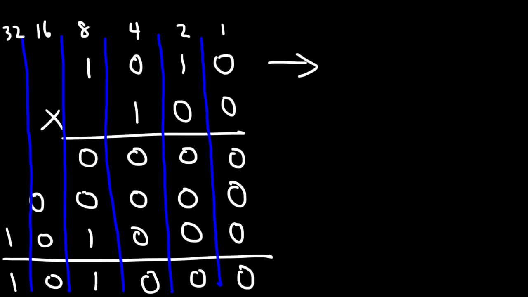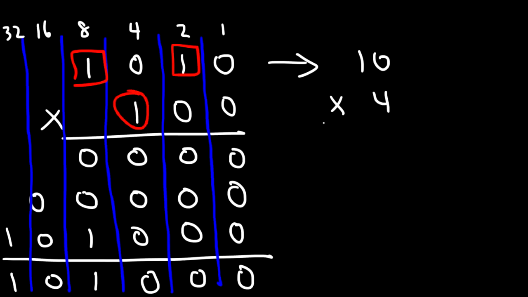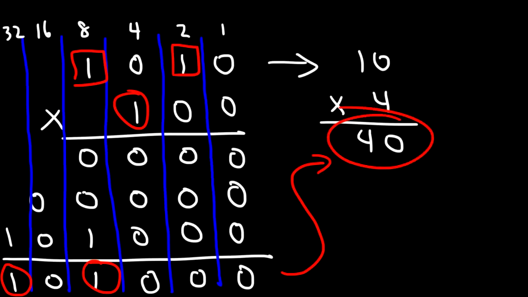So the binary number 1010 has a value of 8 plus 2, which is 10. And for the next one, the value is 4. 10 times 4 is 40. Now we have a 1 in the column that corresponds to 32, and another one for the column that corresponds to 8. So 32 plus 8 is 40. And so therefore this is the right answer.